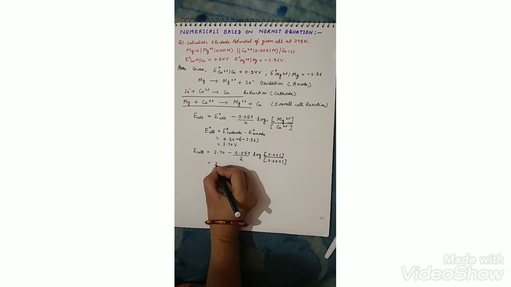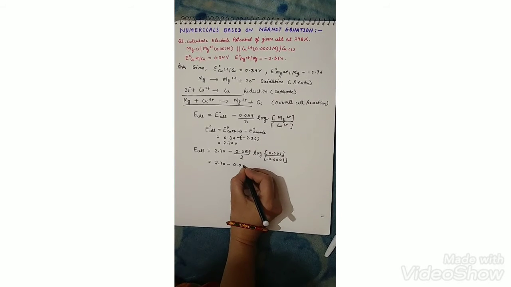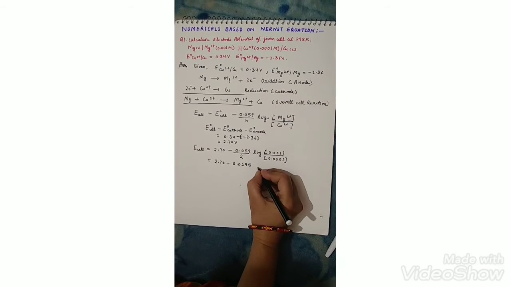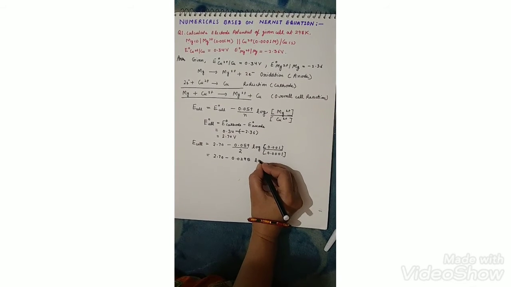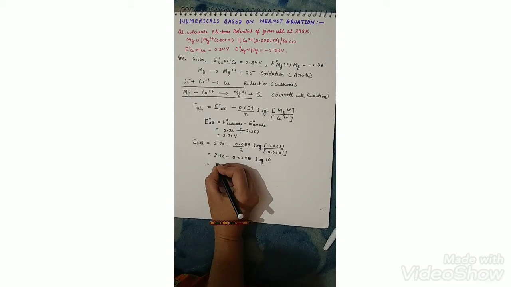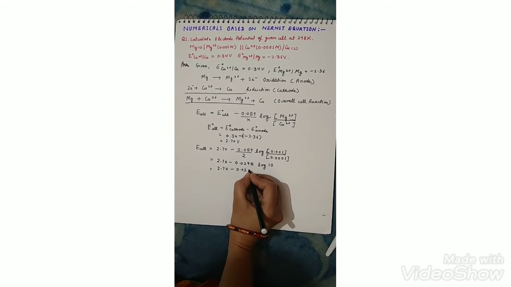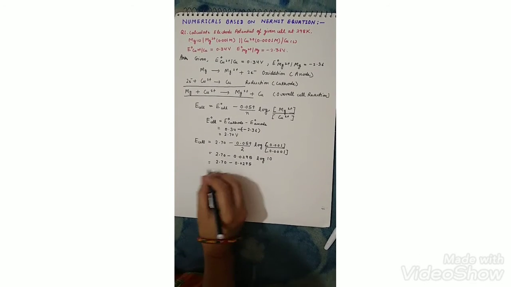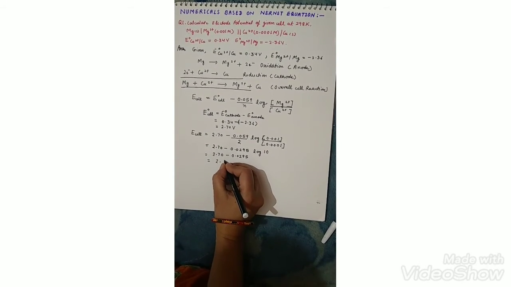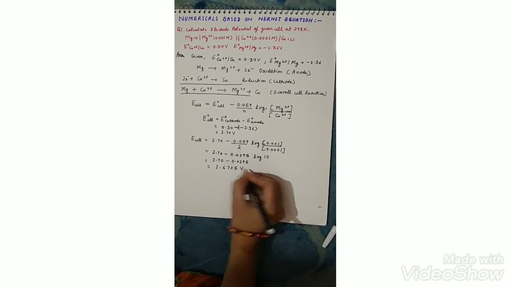Now solve it. 2.70 minus 0.0295 log, it comes out to be 10, and since log 10 is 1, it is 2.70 minus 0.0295, which is equal to 2.6705 volt. So this is the answer.